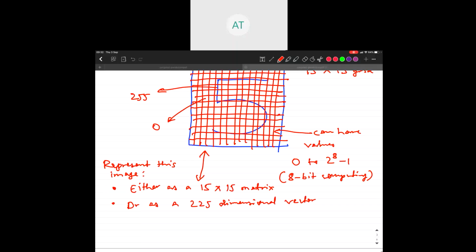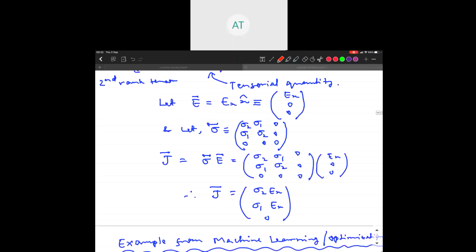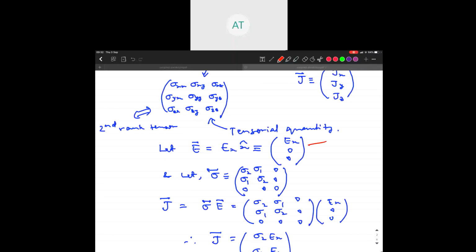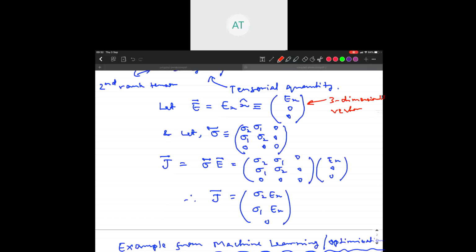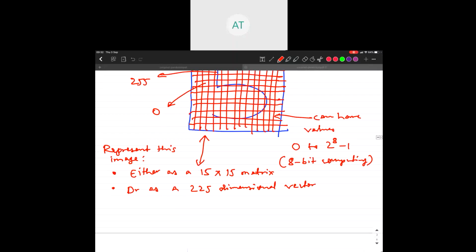Okay, so a three-dimensional vector was the kind of thing which we saw here. So in this case, x was a three-dimensional vector. Right. In this case, this could be a 225 dimensional vector. Okay. And how would you do it?